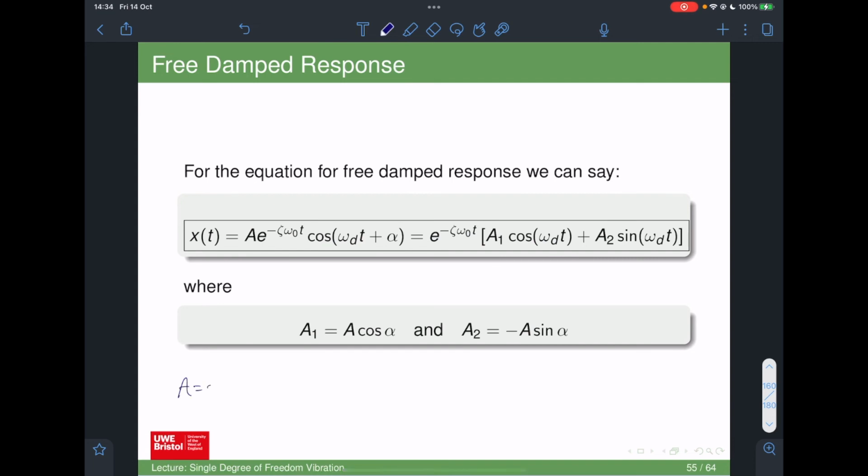A is basically the hypotenuse, because this is a bit like we've got a point out here. Well, this is A1, this is A2. So the length of A is the hypotenuse, and then the angle theta.